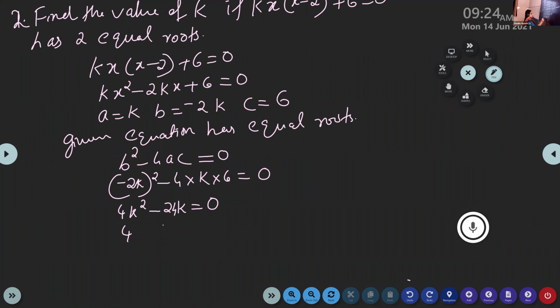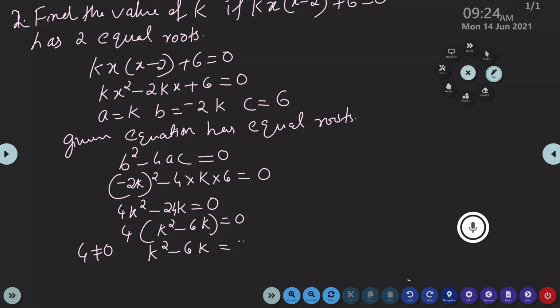Here we can take 4 outside. So k square minus 6k equal to 0. But 4 cannot be equal to 0. So what can we say? We can say k square minus 6k equal to 0. Again, take a k outside.